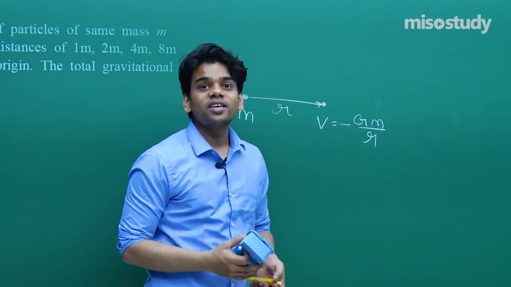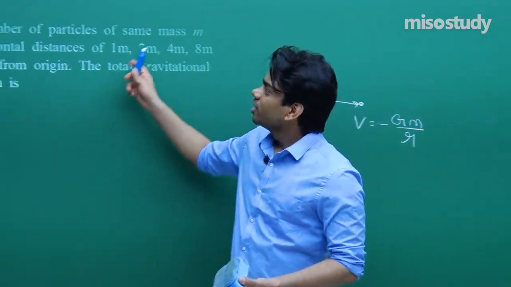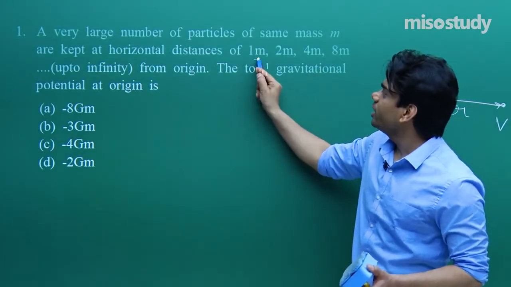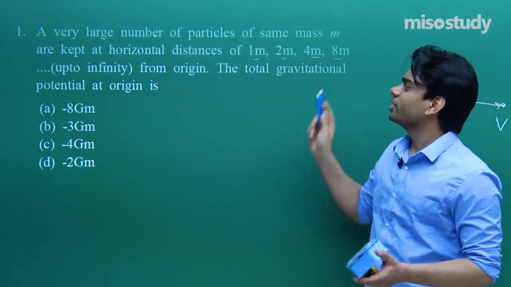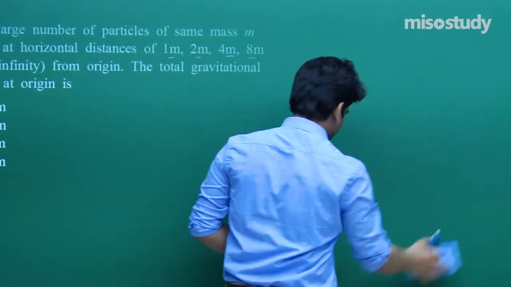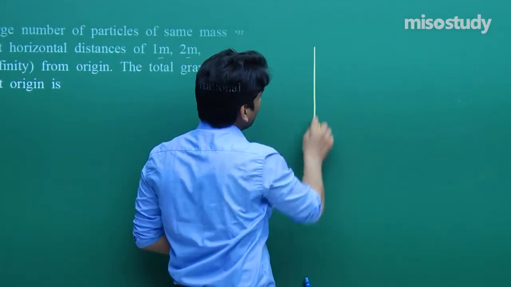Now, as per the given instruction in the question, you see here a very large number of particles. There are many particles. They are located at 1 meter, 2 meter, 4 meter, 8 meter up to infinity from the origin. So I'm going to show you how these particles are located.